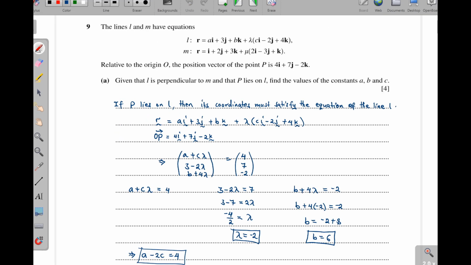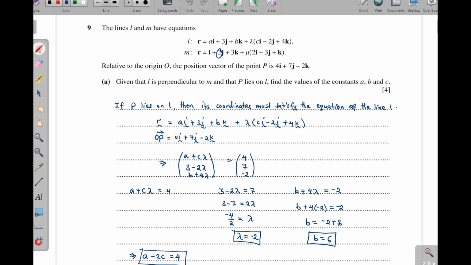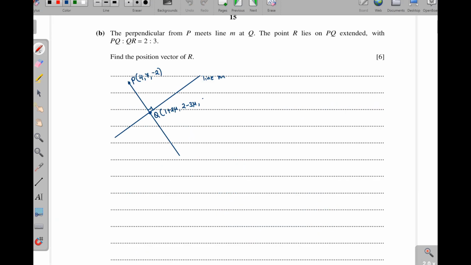Then the y-coordinate is going to be 2 minus 3 mu. So 2 minus 3 mu. You see that? Then the z-coordinate is going to be 3, then plus a mu. So 3 plus mu here. You see that?